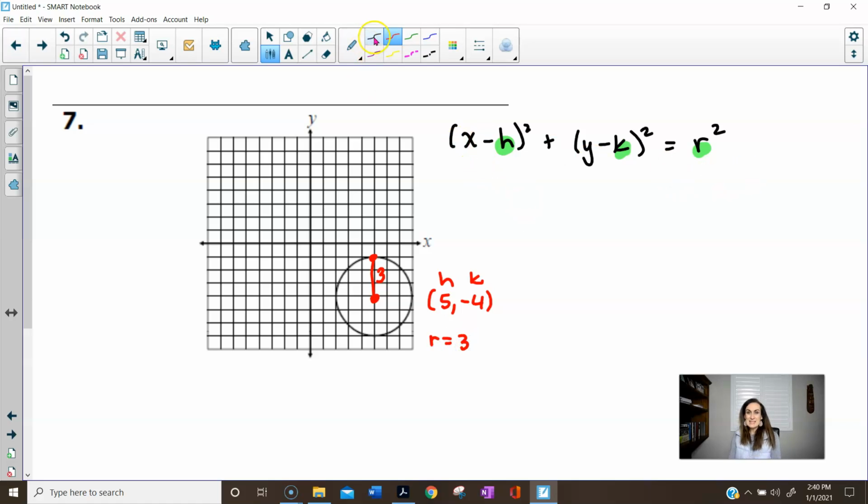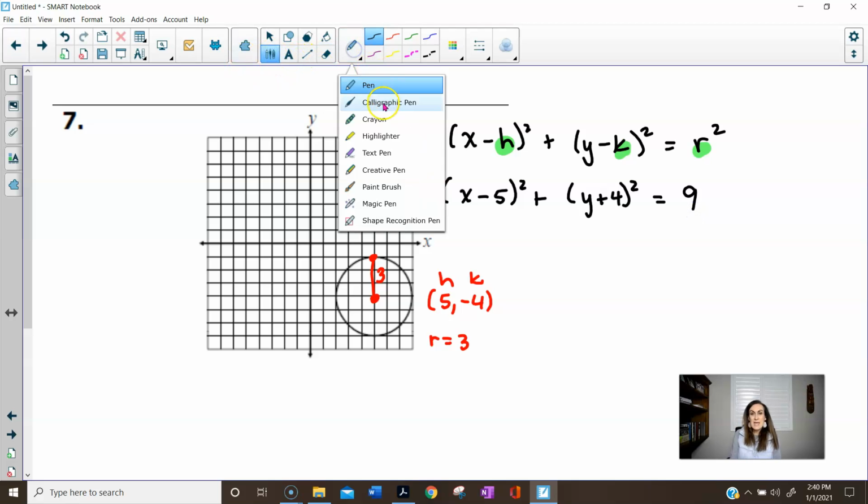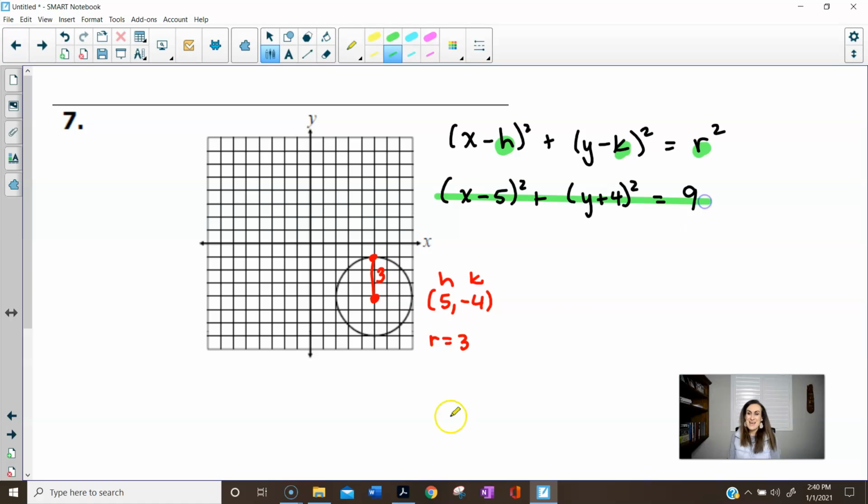We plug that into our equation. So we have x subtract 5 squared plus y minus 4, which is plus 4 squared, is equal to 3 squared. And we want to write that as 9. 3 squared is 9. And that is the equation of my circle.